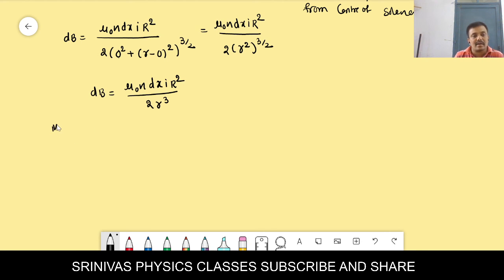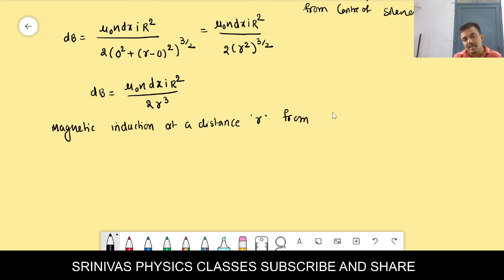Now the magnetic induction at a distance small r from the center of the solenoid, what is that? Total magnetic induction I want due to the solenoid. Then for that we have to do the integration. Very simple it is.